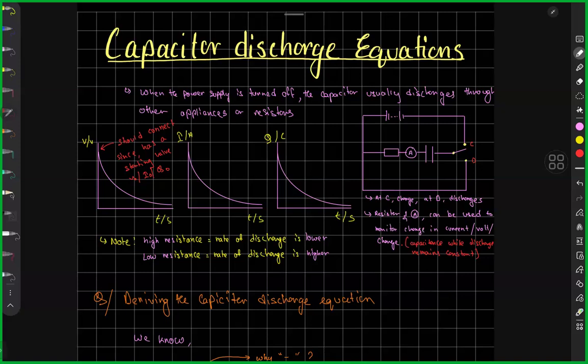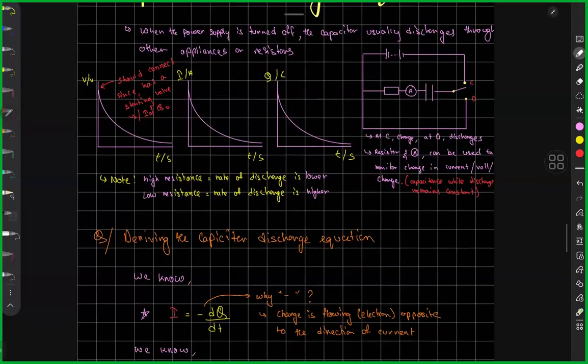We want to understand how the energy of a capacitor is discharged with respect to time, because the discharge is a very important factor that determines its application in multiple circuits.